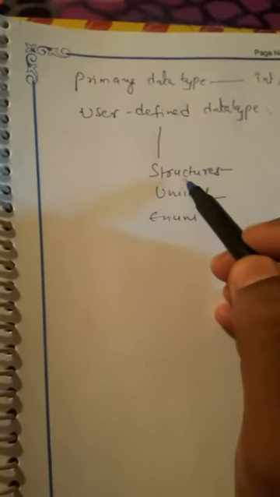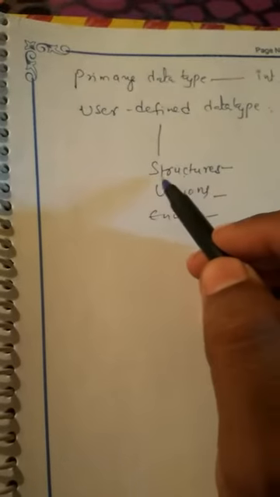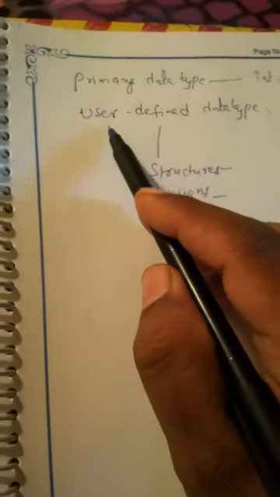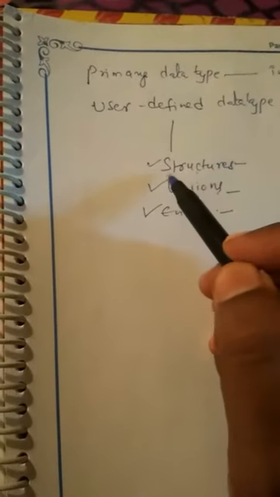So the programmer can define their own data types, and these are called user defined data types. The various user defined data types in C language are structures, unions, enumeration.